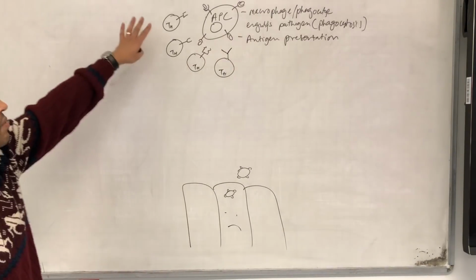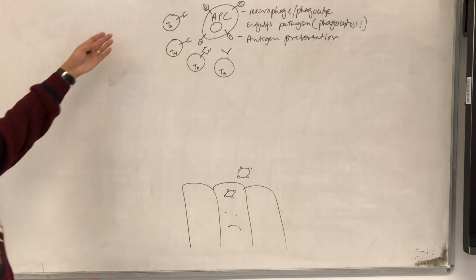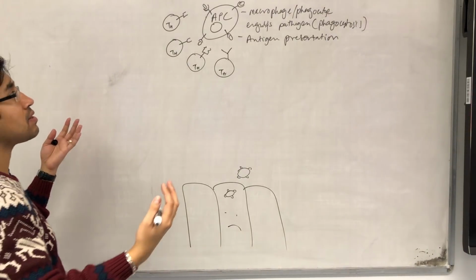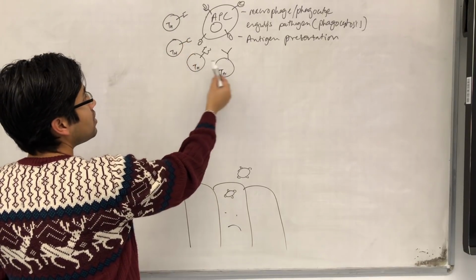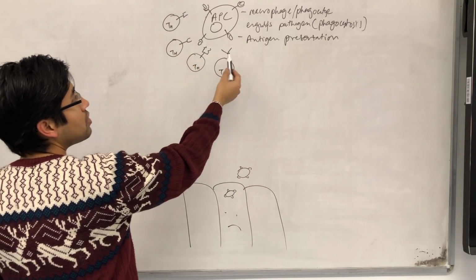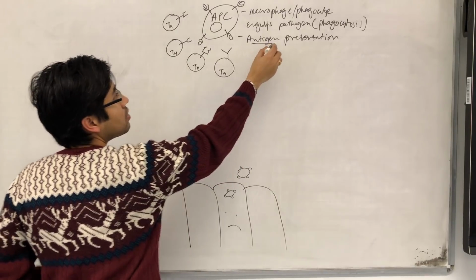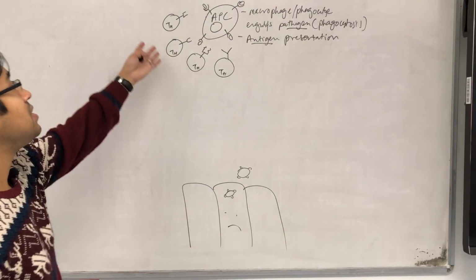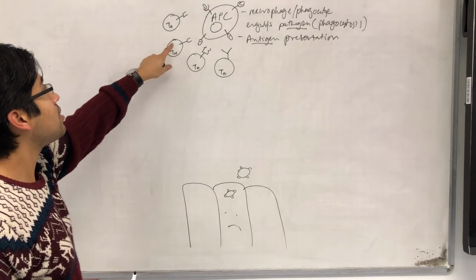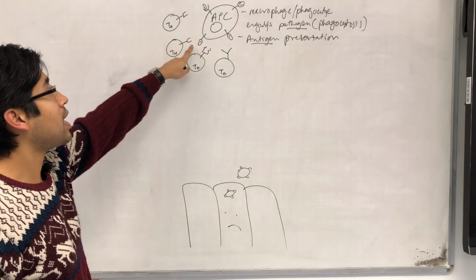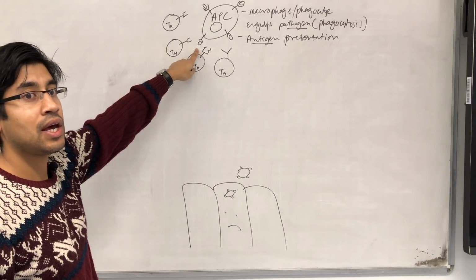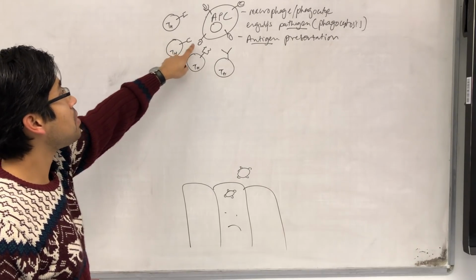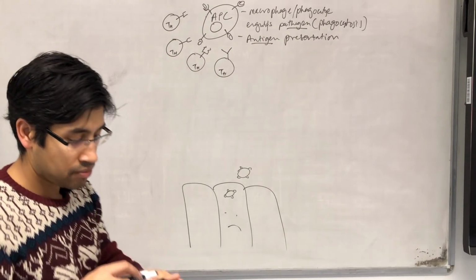I'm only showing 4 here, but we have millions of different varieties just waiting for the right antigen to present itself. Of these cells, only one is complementary to the particular antigen of the pathogen that has caused the infection. So only one of these T helper cells is going to be activated, the one that can recognize that antigen. So of all these, this one is going to be able to bind to this.